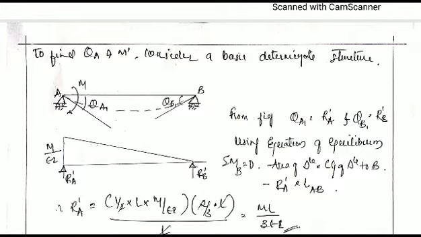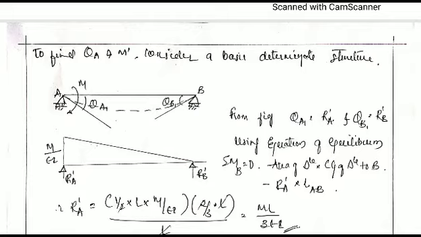Since we have seen that in the member above M is applied, we get a rotation at point A. For that, let us assume a simply supported beam AB with a moment M applied at point A. Due to this rotation at A, there would definitely be a moment developed at B, but B is also a roller here, so there is no possibility of a moment at B. In the diagram, due to the applied moment there is a rotation developed at A and also at B. When we draw a tangential line to the deflected shape, we get theta A1 and theta B1.